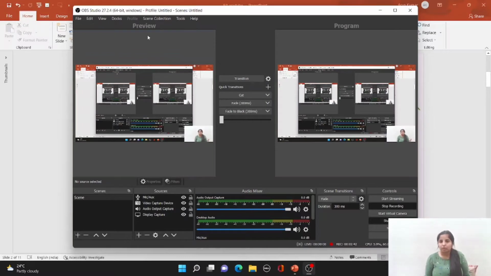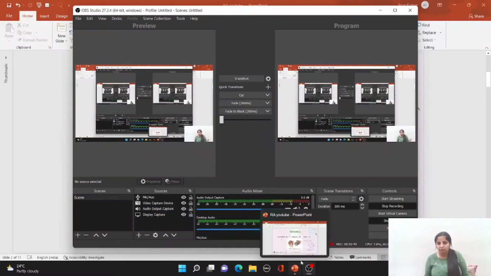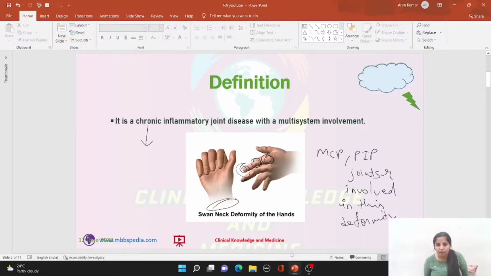So in the deformity, as you can see in swan neck, there will be involvement of PIP joint and DIP joint. So DIP joint is flexed and PIP joint is hyper extended.